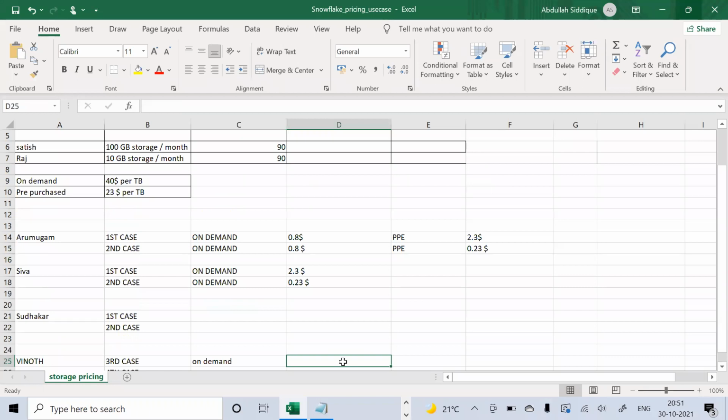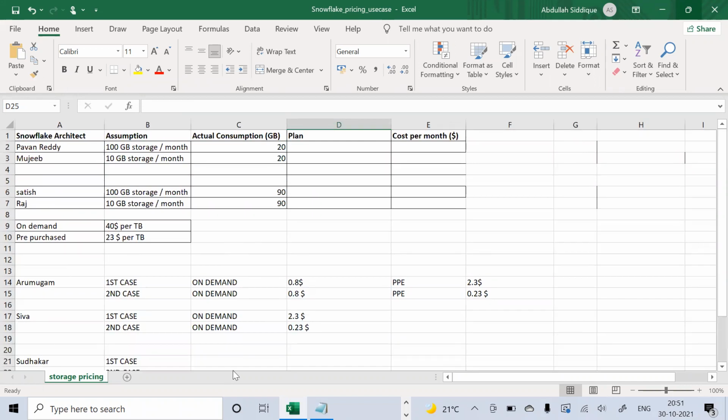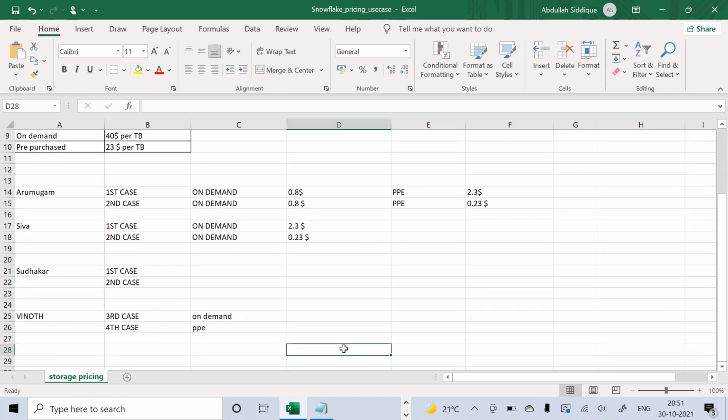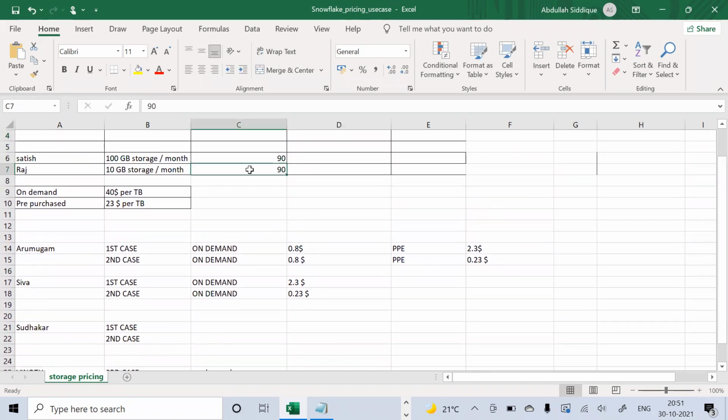Yeah, it will be 100 GB, right? So 90 GB is the actual, 0.9 TB into 40. So how much? Yeah, 36. I don't think this is 0.9 TB.